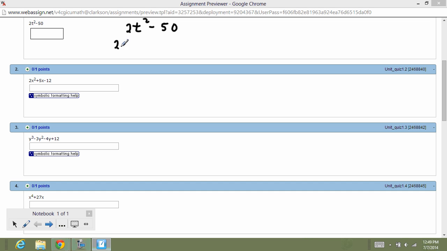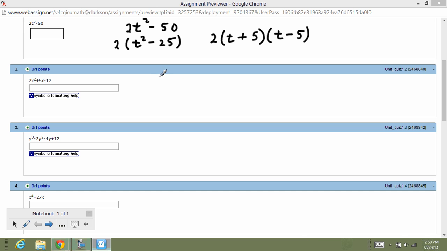The first step, you see the common multiple of 2, you factor out the 2, and you got 2 times t squared minus 25, and then you're looking at a special case, a difference of squares, and so factoring that, we get t plus 5 times t minus 5. Shouldn't be much of a problem with that exercise. We didn't see anything in the data where people were missing that one, so that was all good.